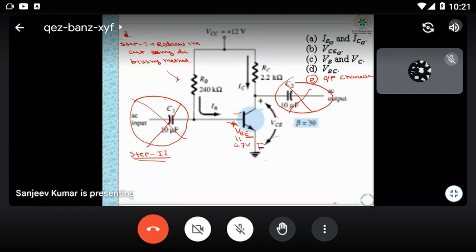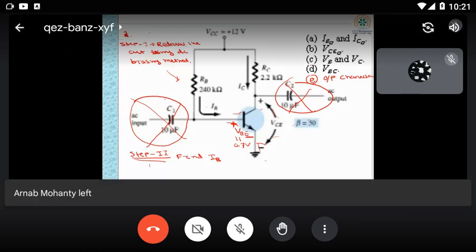Separate the VCC and apply KVL. Next, that's very important, you have to find IB, your input current. As you told, to find IB you have to apply KVL.